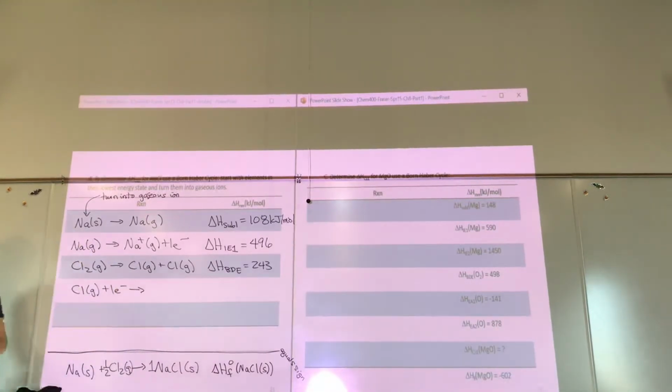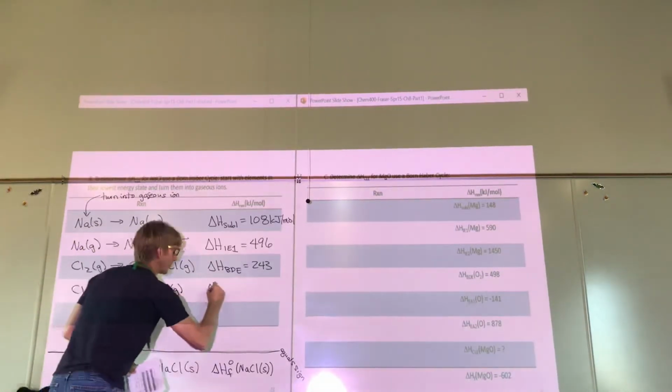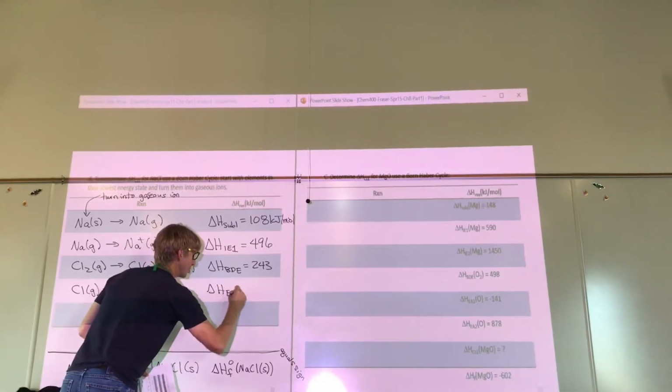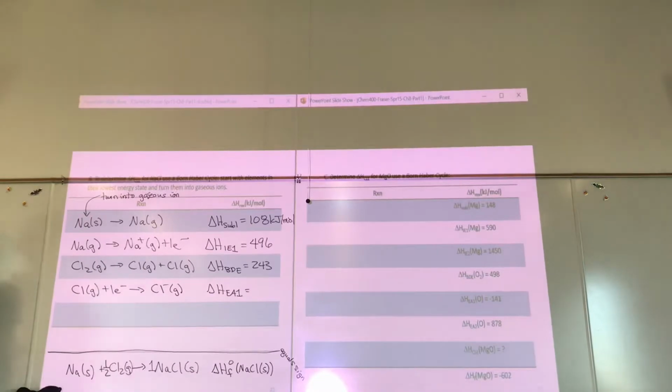But what's not new is the process of turning it into an ion. This is going to be what's called the electron affinity reaction. It is where you add an electron to a gaseous atom and create Cl-, and that is called delta H electron affinity 1, EA1.